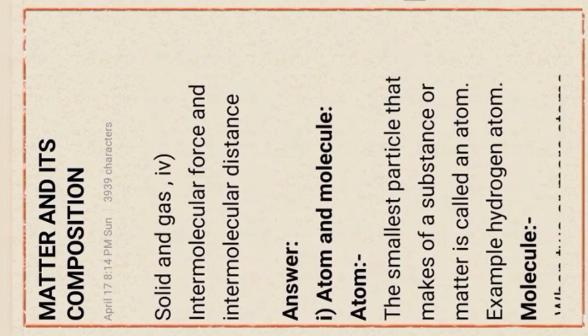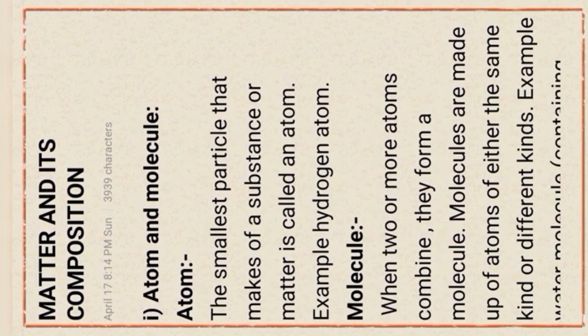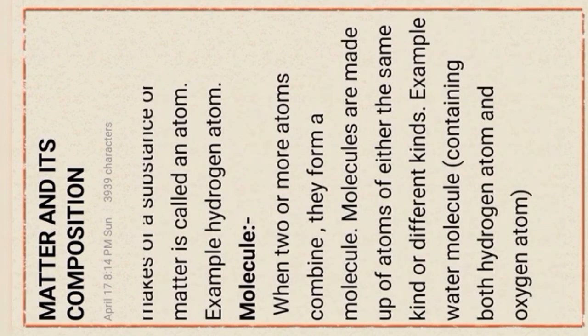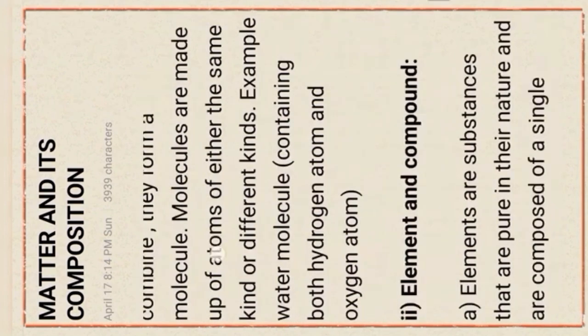Atom: the smallest particle that makes up a substance or matter. Example, hydrogen atom. Molecule: when two or more atoms combine, they form a molecule. Molecules are made of atoms of either the same kind or different kinds. Example, a water molecule containing both hydrogen atoms and an oxygen atom.